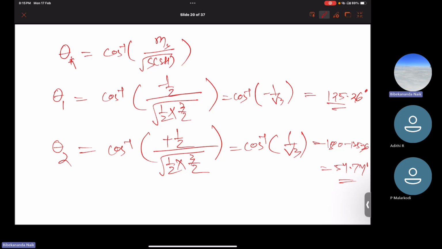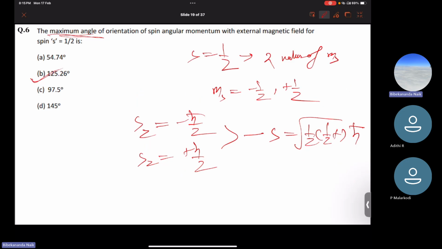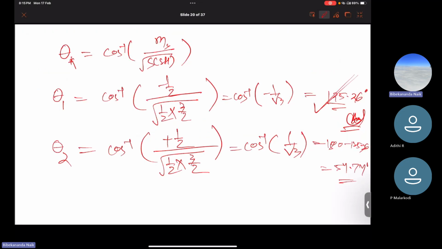The question says what will be the maximum angle. So the maximum angle will be 125.26 degrees. So the correct answer will be 125.26 degrees, that is option B. Is this clear? Yes, sir. Okay, so the minimum value will be 54.74, maximum will be 125.26 degrees.